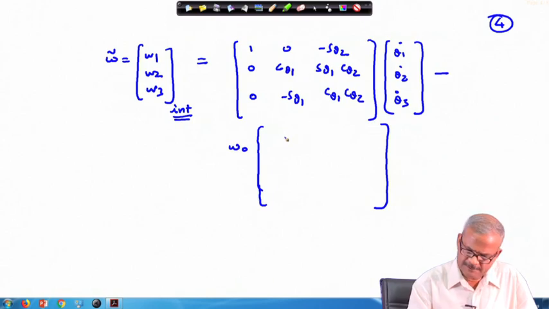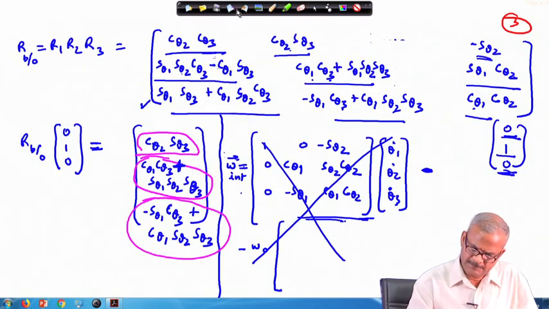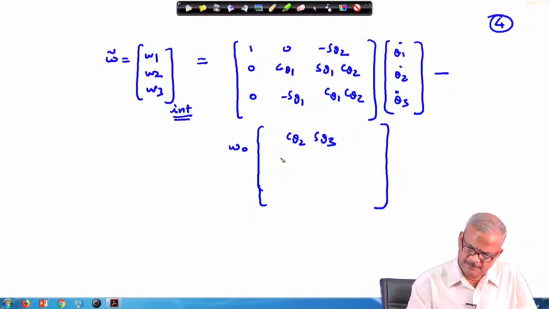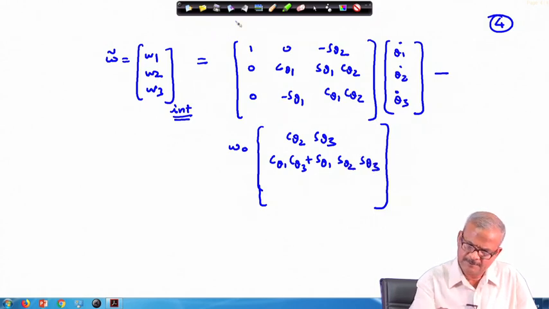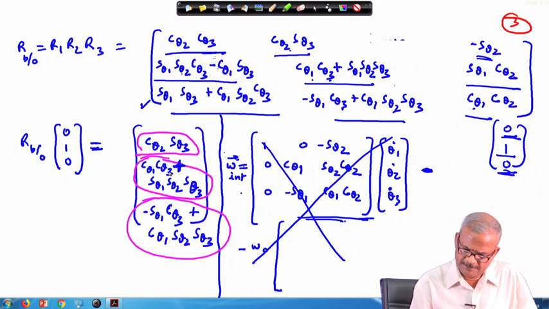So, the first term is c theta 2 times s theta 3. Then the second term is c theta 1 c theta 3 plus s theta 1 s theta 2 times s theta 3.